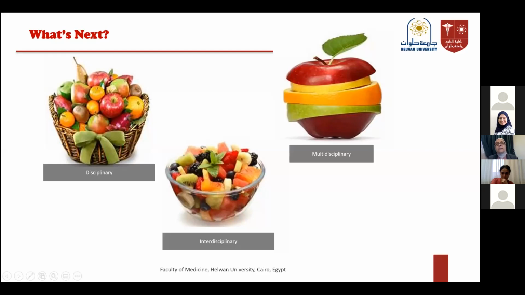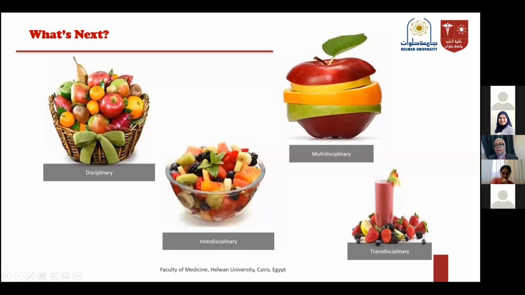The product is of more use to the community. What if I blended this and I gave you a fruit smoothie? Sure, it will be more usable and it will be easily processed, and you can benefit from it more.